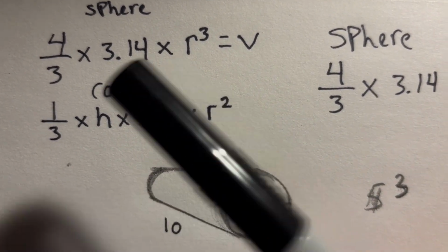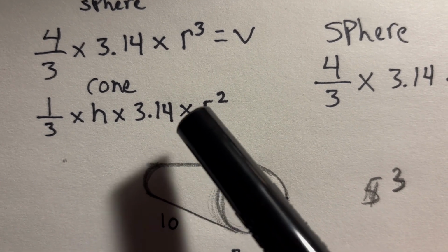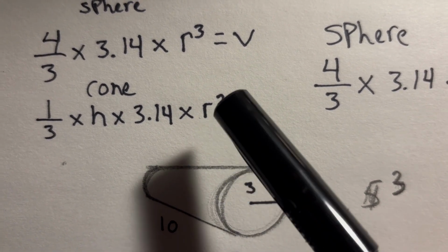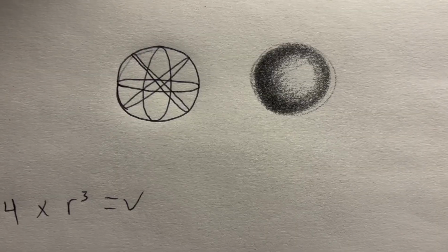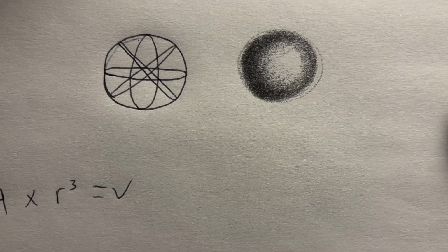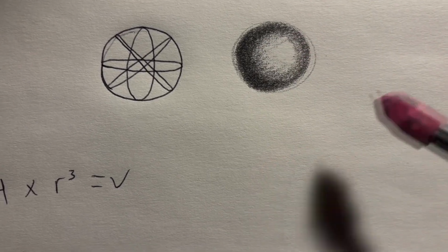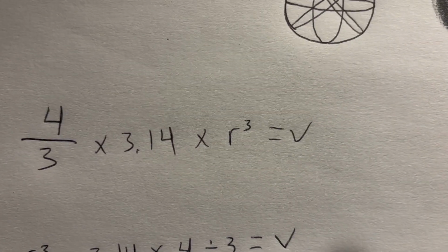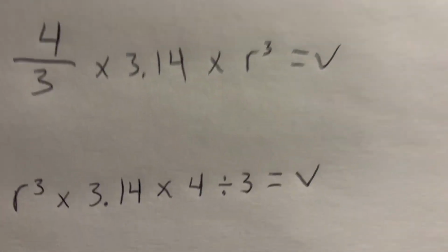And for a cone, you do 1/3 times the height times pi, 3.14, times radius squared. All right, so we're going to be doing the volume of a circle, or I'm sorry, a sphere. So I kind of shaded to show that it's a sphere, not a circle. And here's the formula for it. But I kind of broke it down to more simpler.